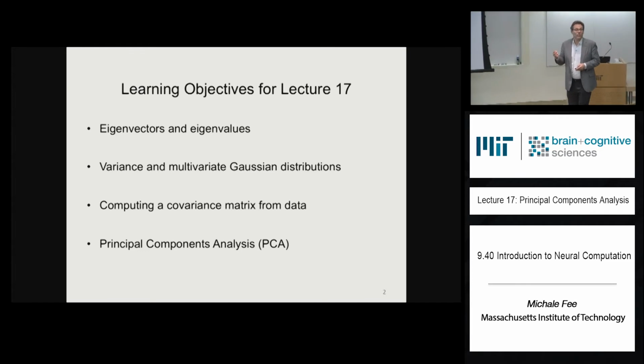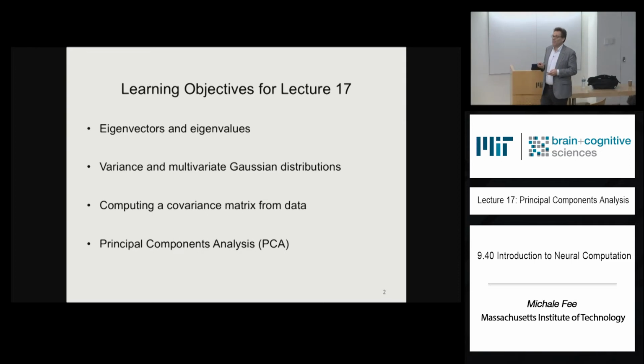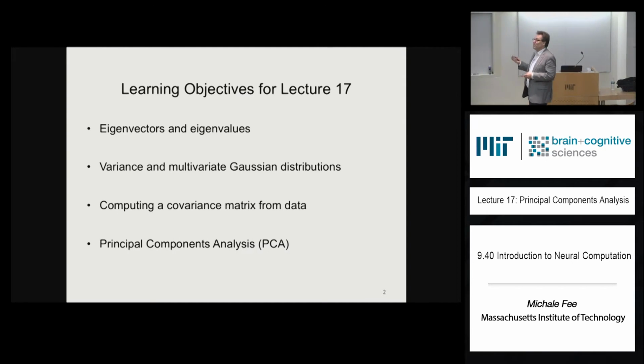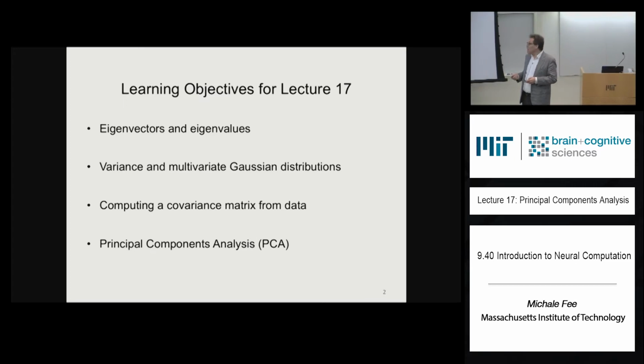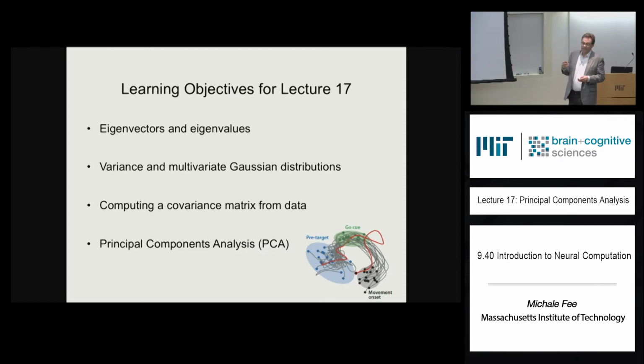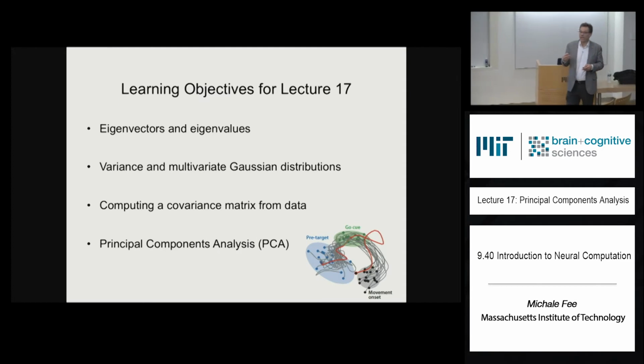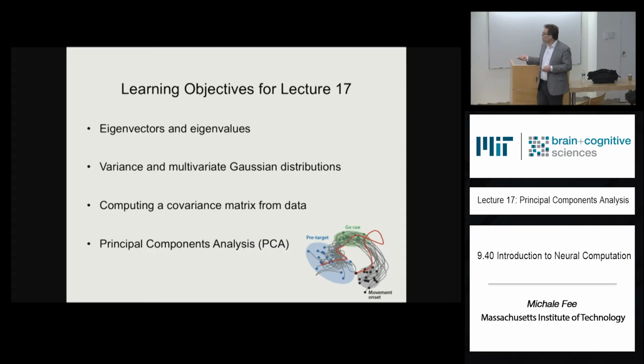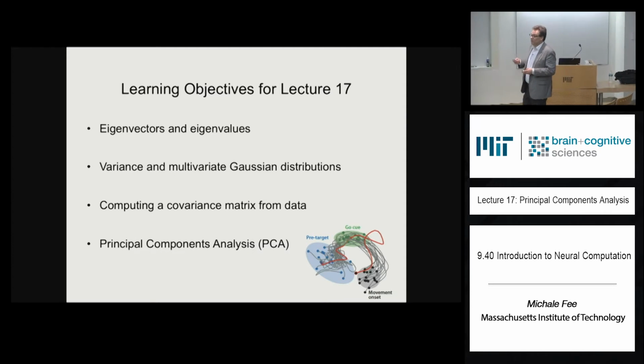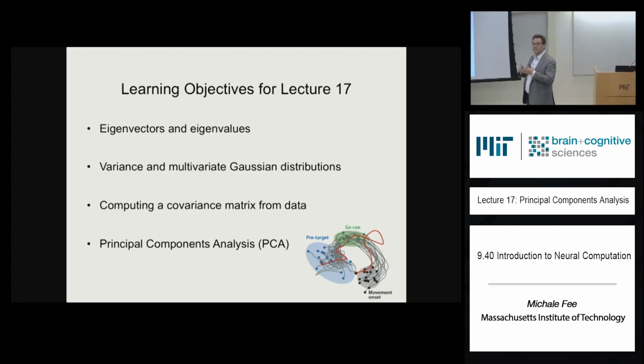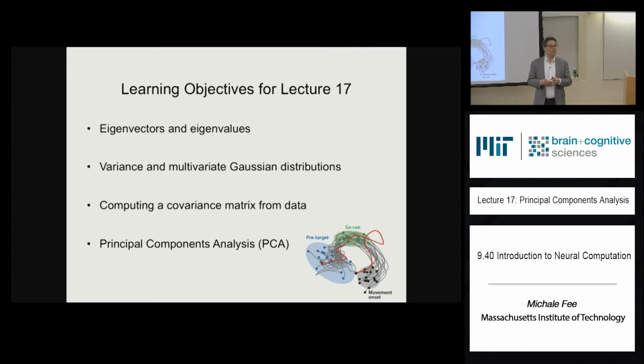I'll come back to many of the different applications of principal components analysis at the end, but I just want to mention that it's very commonly used in understanding high-dimensional data in neural circuits. So it's a very important way of describing how the state of the brain evolves as a function of time.